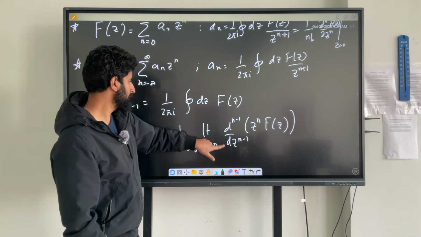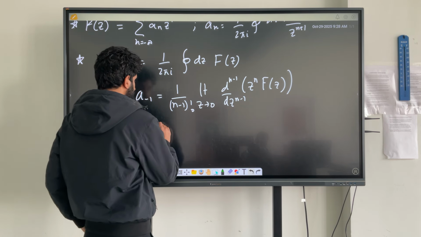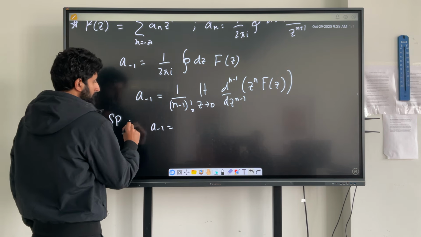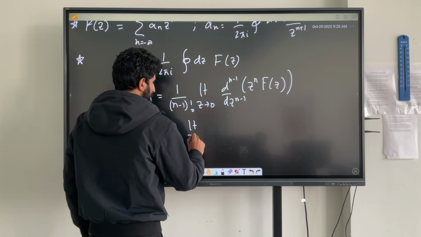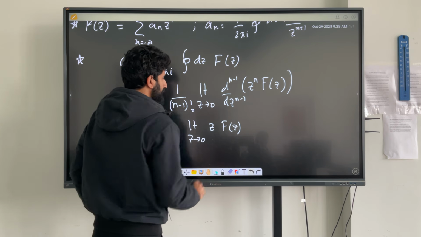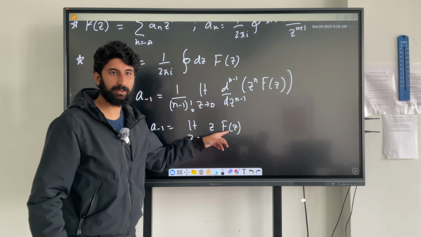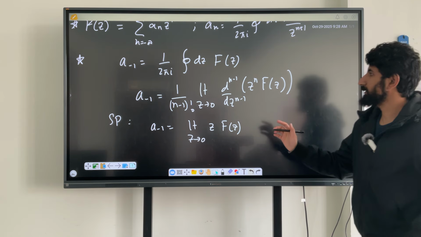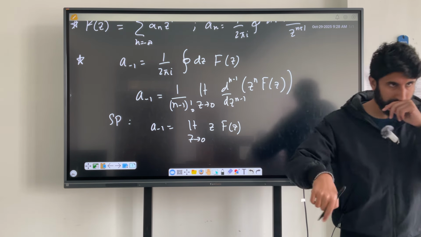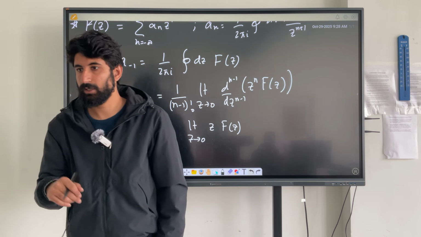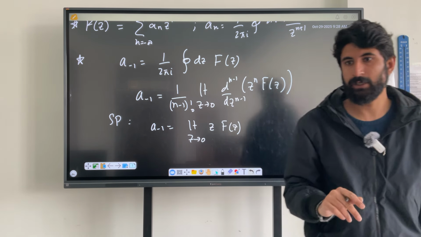For n equal to 1, the simple pole, the residue is just limit z approaches 0 of z f. And if it is at z naught, then z minus z naught times f of z.